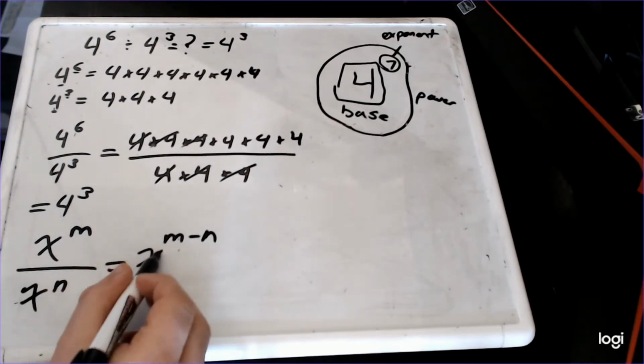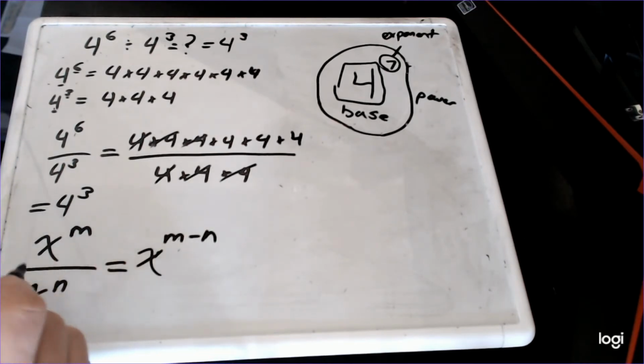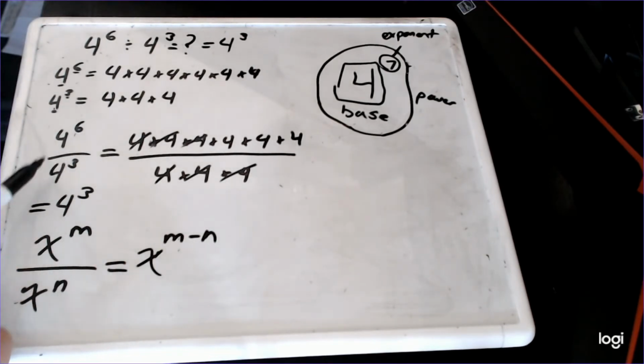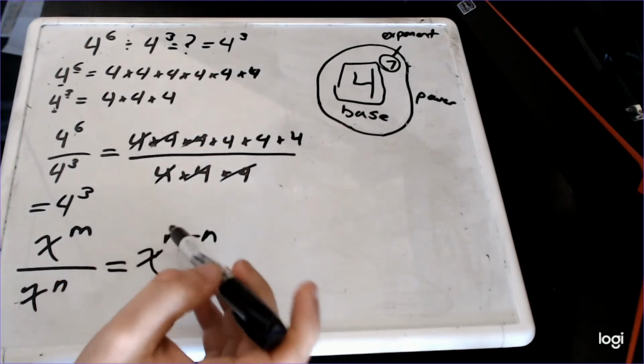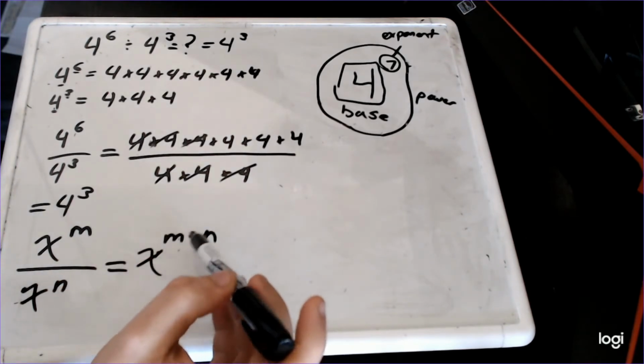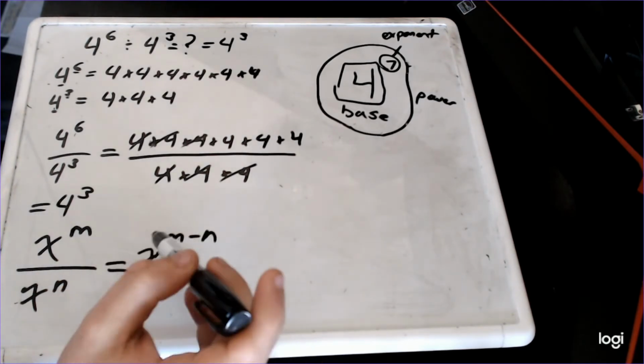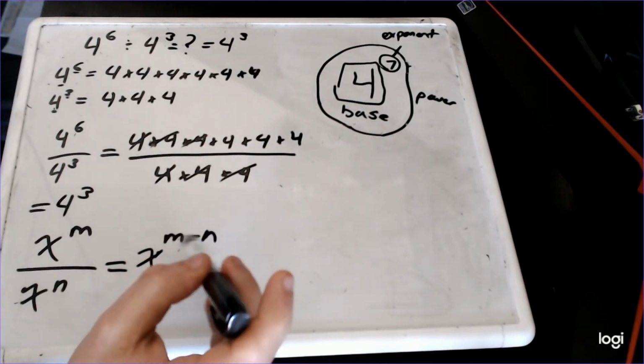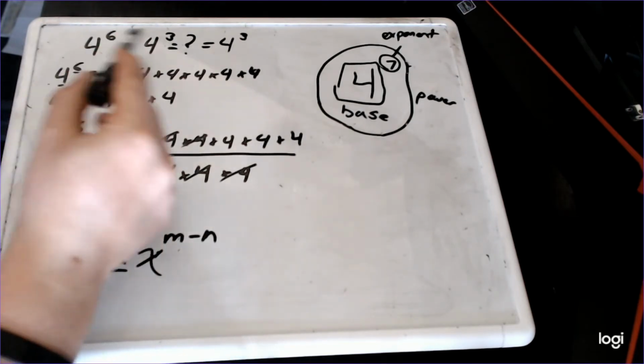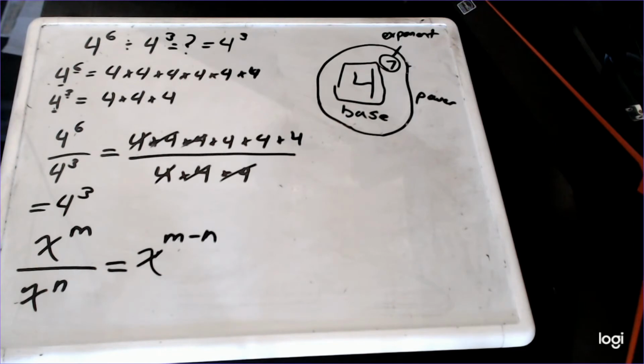So if we have the same base, x, x, or in our case 4, 4, all we have to do is subtract our two exponents. Just like we did up here. What's 6 minus 3? It's 3. Perfect. Well done so far.